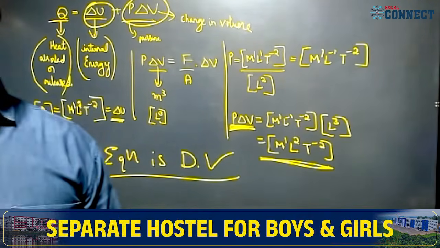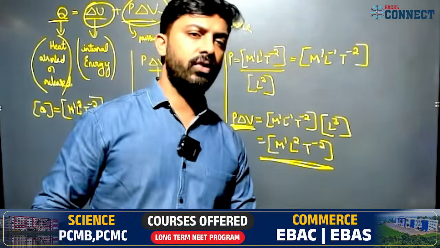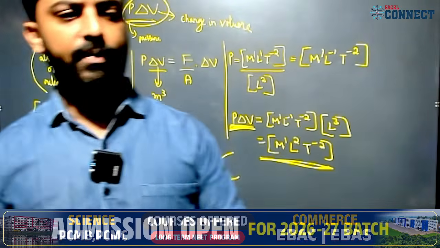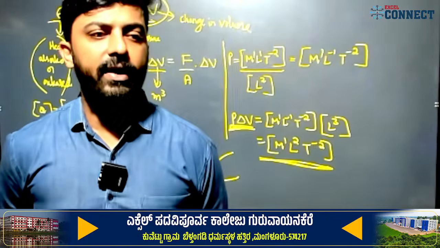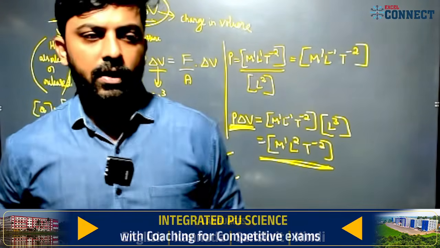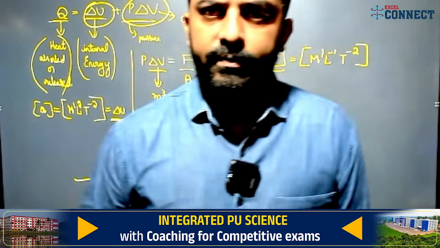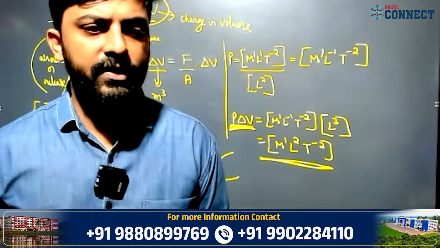Is this clear? You should know what is pressure. Pressure is force by area. So if you use dimension of force divided by dimension of area, you will get M1 L-1 T-2. Okay, then delta V. Delta V dimension is L power 3.